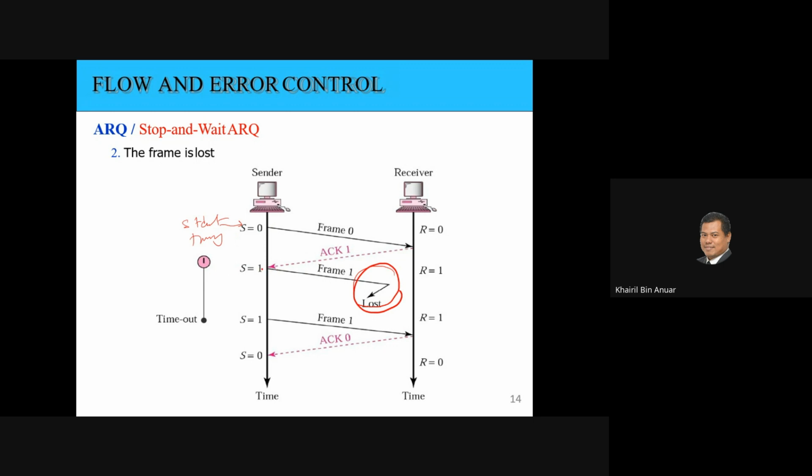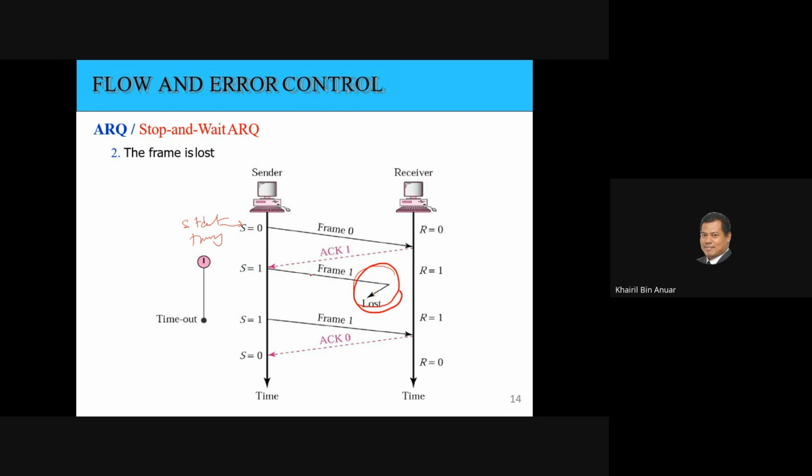But here, since you don't receive it after you time out, what you need to do is resend your frame 1 again. We don't know what happened over here, but the sender doesn't receive the frame, and you don't actually have this acknowledgement.